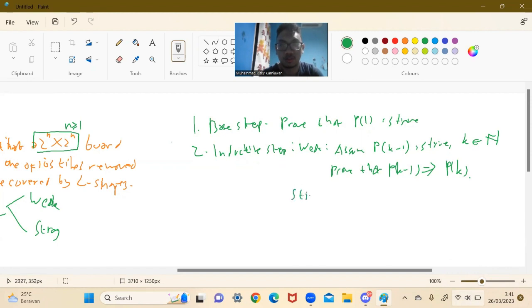The other type is strong induction. In this case, we assume not only that P(k minus 1) is true, but also P(k minus 2), P(k minus 3), all the way to P2. So we assume that it holds for every natural number before k.